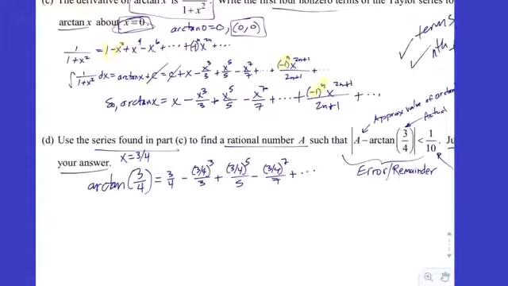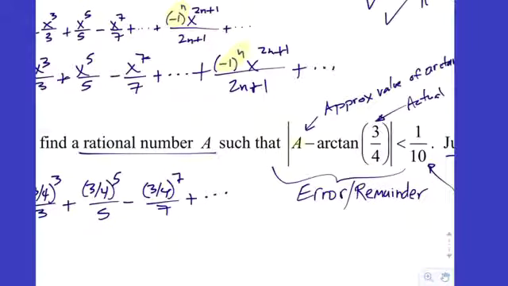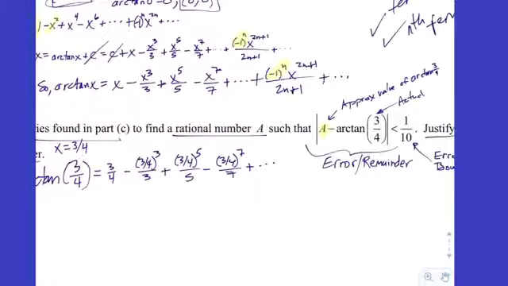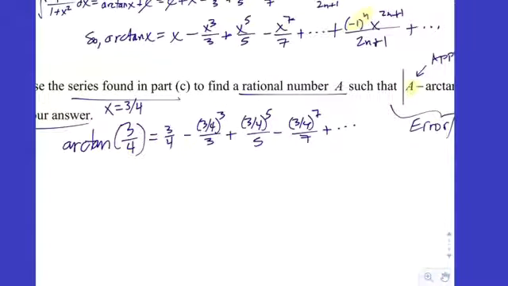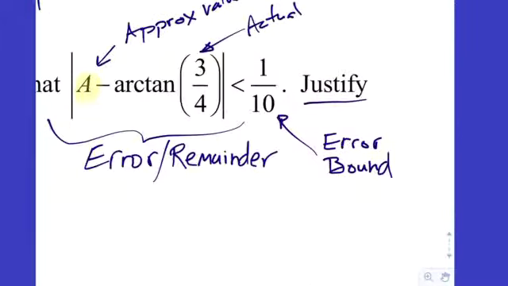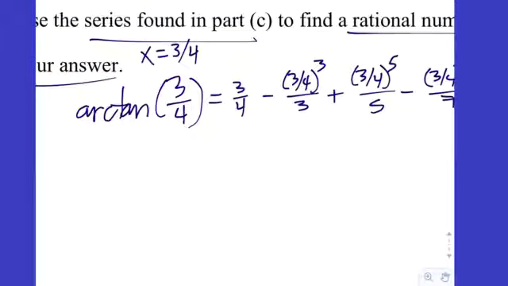We want to know how many terms we need to add up so that when we stop, we get an approximation value A that's going to be within 1/10 of the actual sum. That's the same thing as asking, because it's an alternating series, which of those terms is going to be the first term that is smaller than 1/10. And this is without a calculator. So let's just try it out.